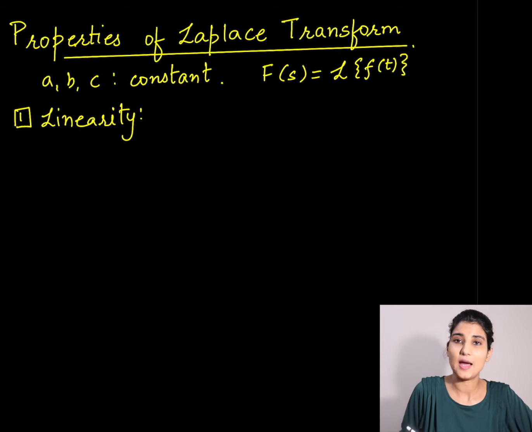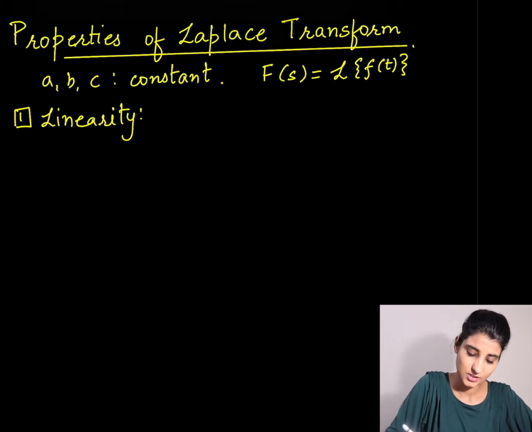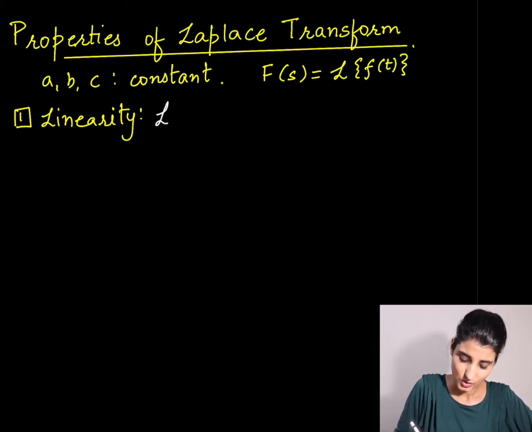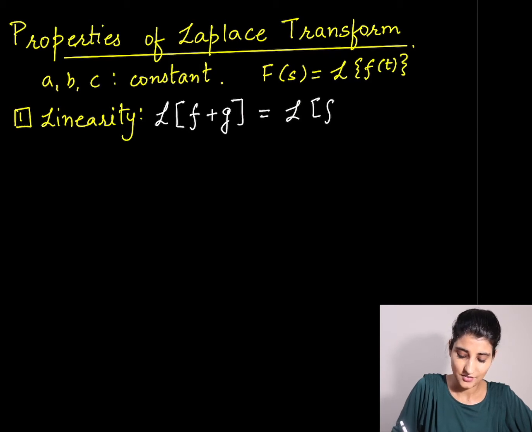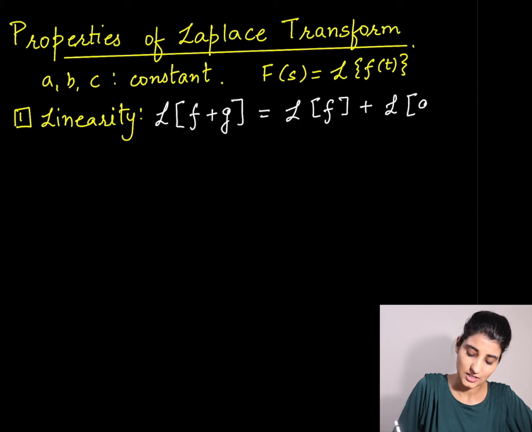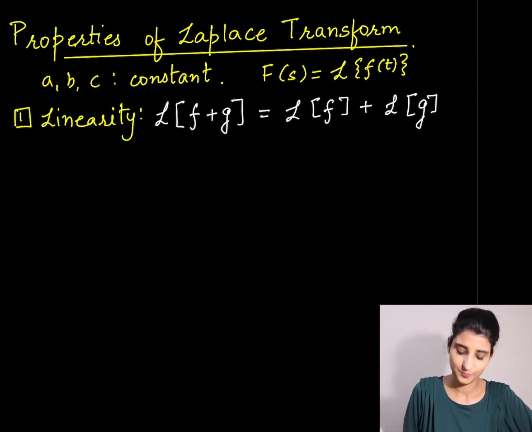If you take Laplace of two functions, Laplace of f plus g is the same as Laplace of f plus Laplace of g. Take the Laplace of individual functions and add them up.